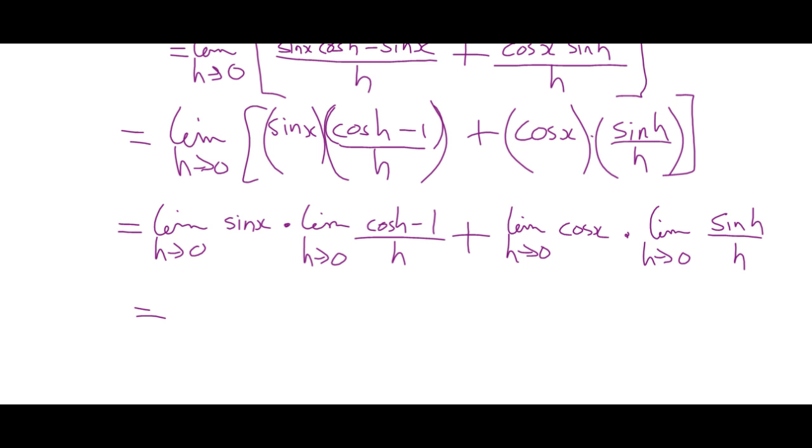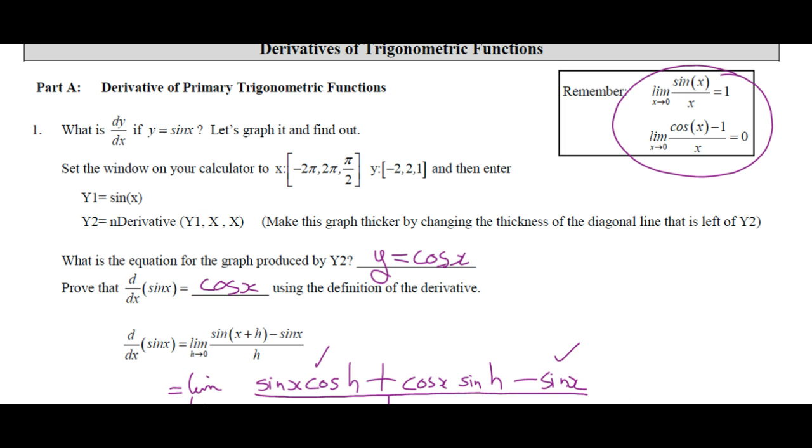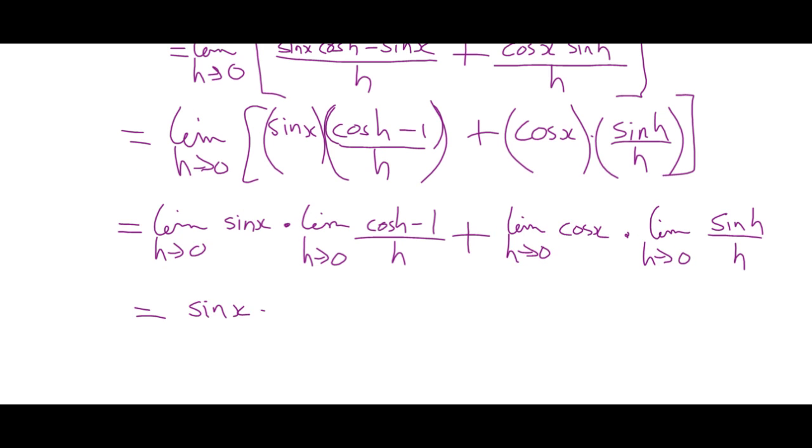So this is sine x. What's the limit as h approaches 0 of cos h minus 1 over h? 0. So we get sine x times 0 plus, what's the limit as h approaches 0 of cos x? Cos x. And what's the limit as h approaches 0 of sine h over h? It's 1.